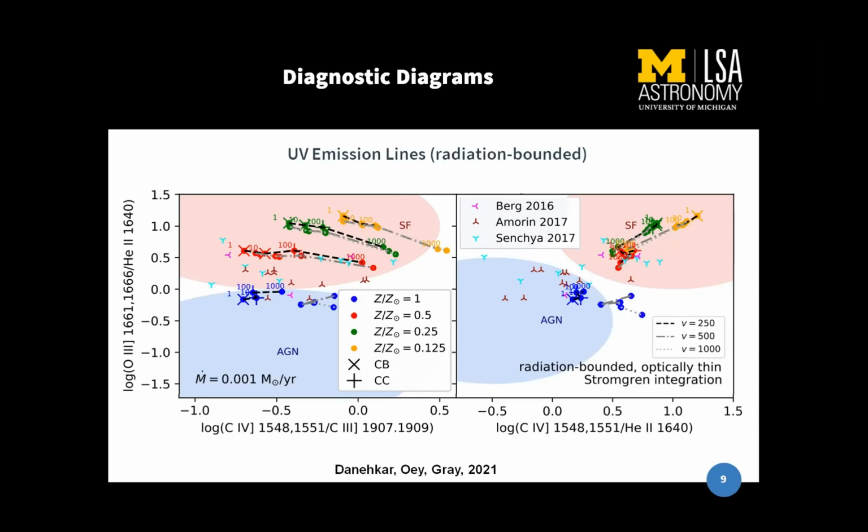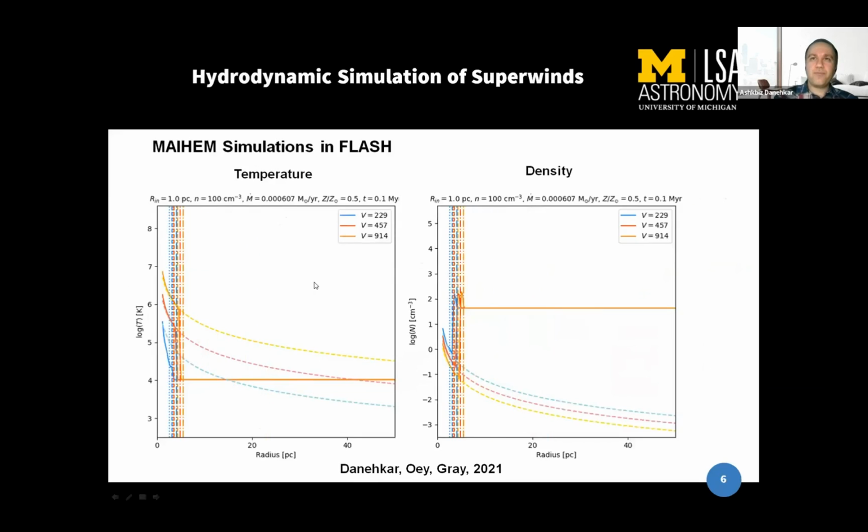And so with this model and these diagnostic diagrams, what are your next steps in this project? The next step: here you see we have crosses and plus signs, which are associated with suppressed superwinds because of strong catastrophic cooling.